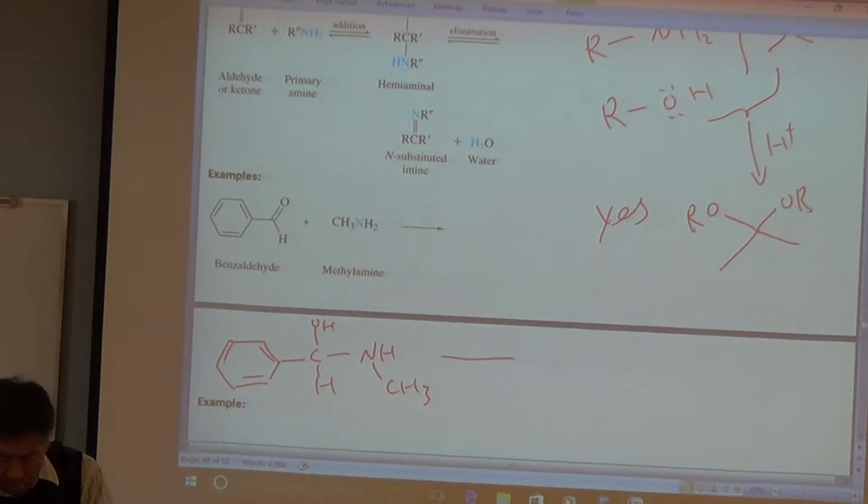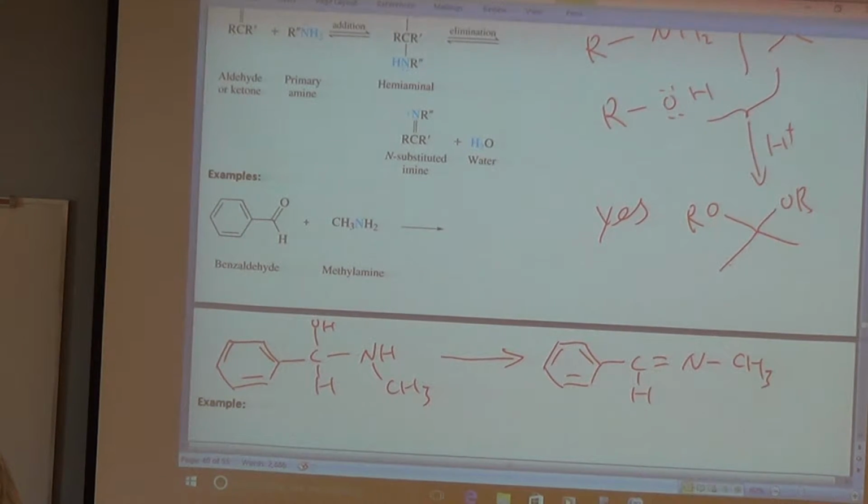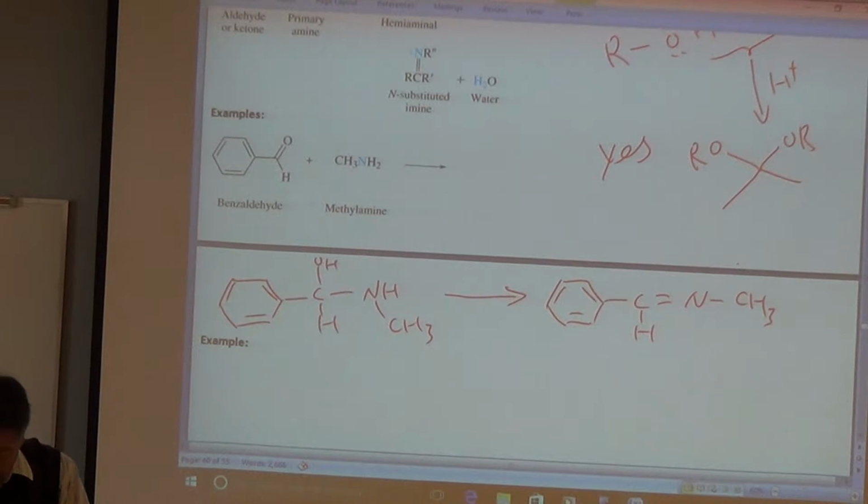Then we will see the mechanism. Okay, so then this will dehydrate, take the hydroxyl away. So that's the product of our first example. Lots of water, H2O.